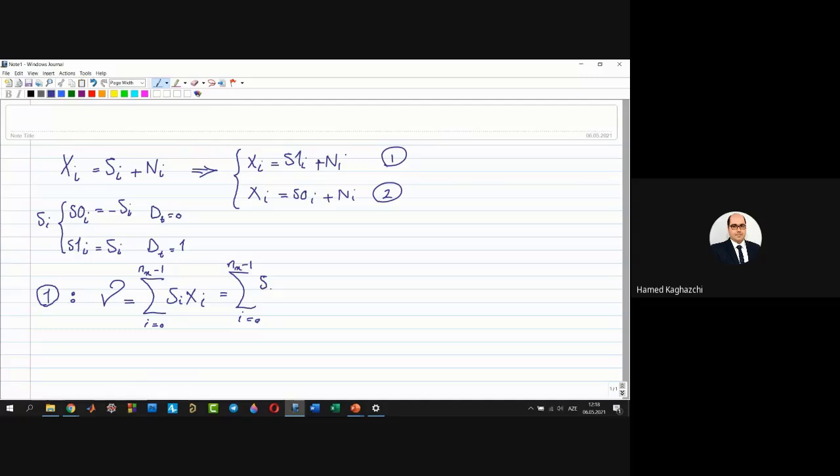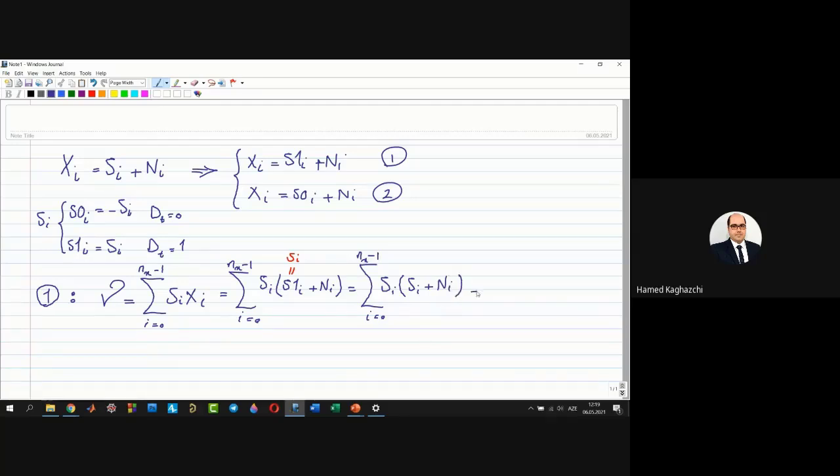I can write Si times (S1i plus Ni), which is equal to the summation, i from 0 to Nx minus 1, of Si times (Si plus Ni).